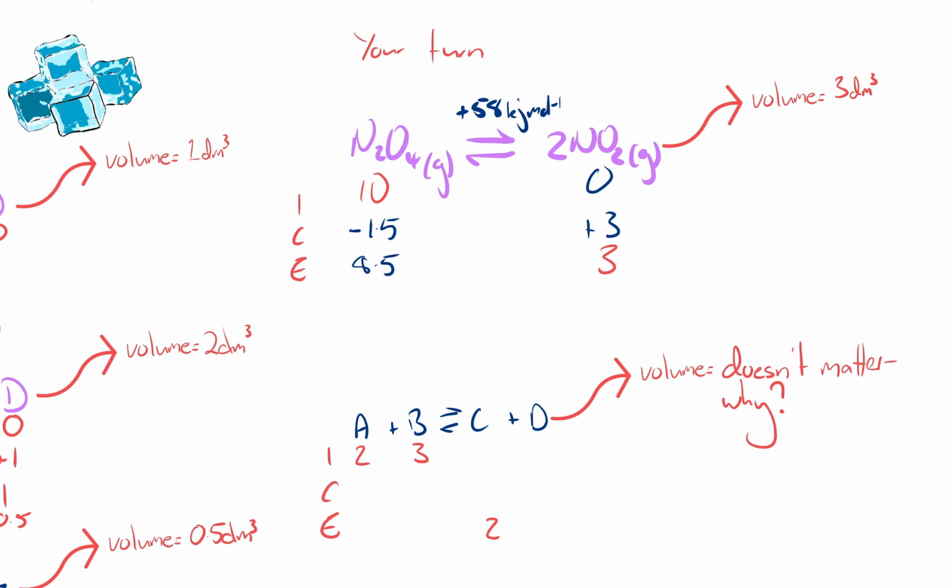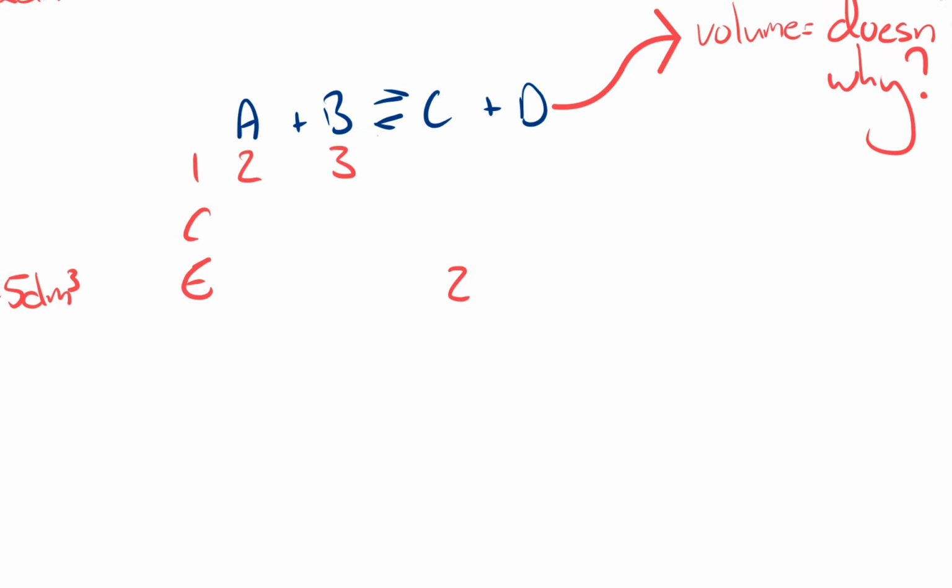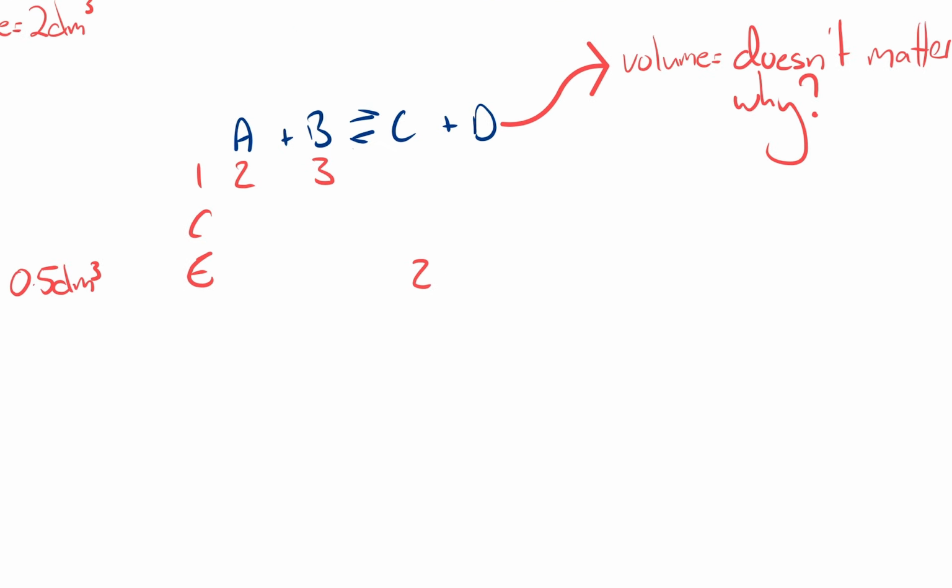And if I was working out the concentration, I'd be dividing by my volume here. Next, A, B, C, D. So here, plus 2. We start with 0, 0, plus 2, minus 2, and minus 2.